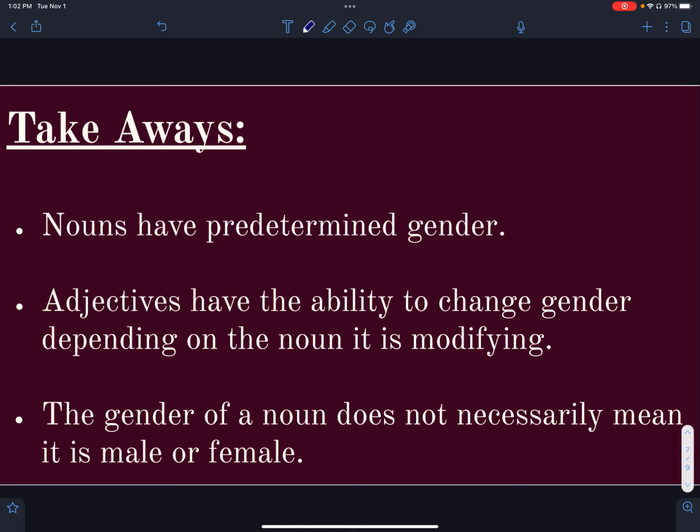All right, the second takeaway is that adjectives have the ability to change gender depending on the noun that they're modifying, right? So think back to those sentences that you just wrote down. The word romana ends in an A, and it's modifying another word that also ends in an A, puella and Cornelia.